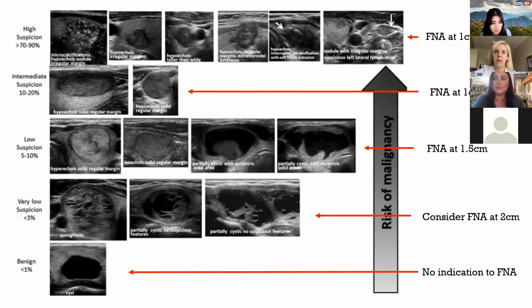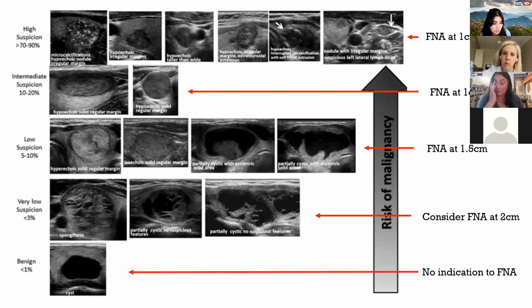So those are higher risk nodules, and there's a 70 to 90% chance those could be malignant. We biopsy these nodules at different sizes based off of what they look like. So the two top categories are either intermediate or high suspicion. Those get biopsied if they hit a centimeter or larger. Then as you work your way down, they're lower risk nodules.